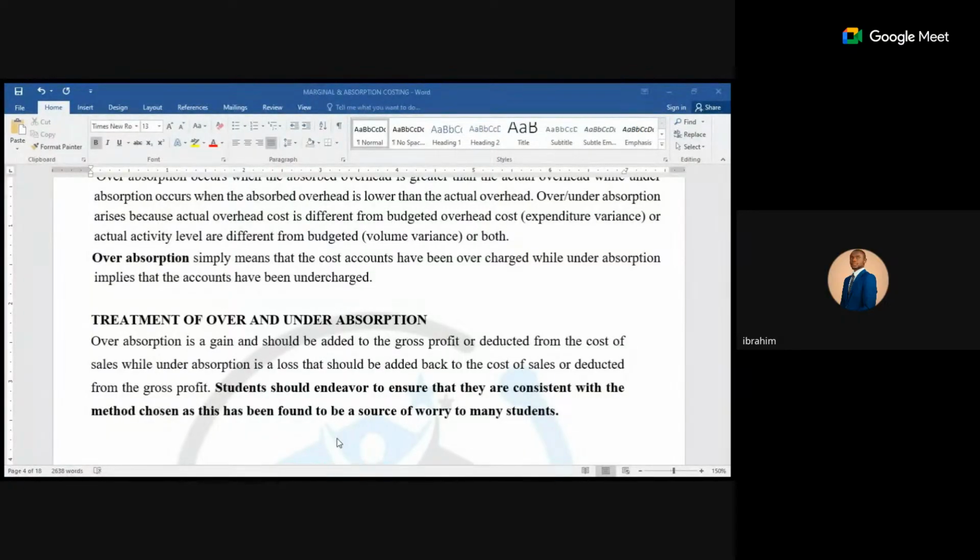Now, how do we treat over absorption? Over absorption means that they overcharge you, right? Over absorption is a gain and should be added to the gross profit.